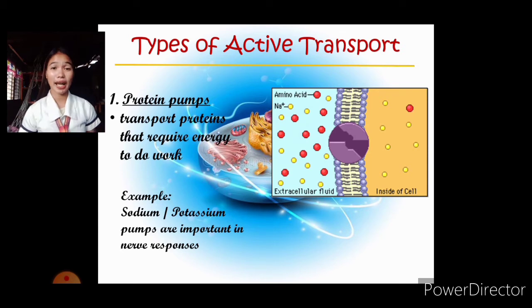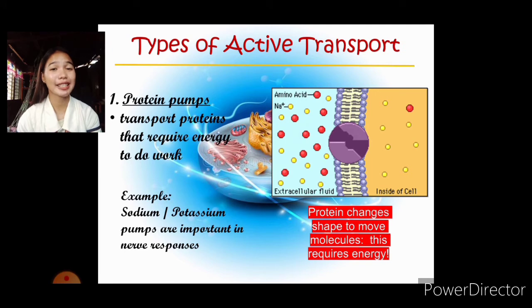Why? Because the sodium-potassium pump is one of the most significant kinds of transport protein. It is the protein that allows your nerves to pass electrical charges so they can all function. This type of movement requires energy. So, that's how protein pumps work.